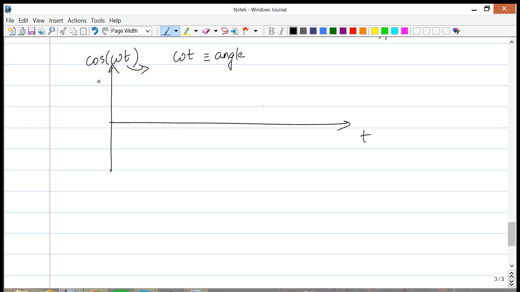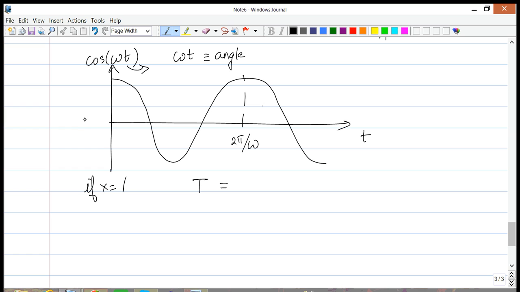So when we graph this with respect to t, what we understand is that the function will repeat itself when t changes by 2 pi divided by omega, and this is how we get the time period for the cosine function. So if x is equal to a cosine of omega t plus phi, then the time period is 2 pi divided by omega, whatever the value of omega will be.